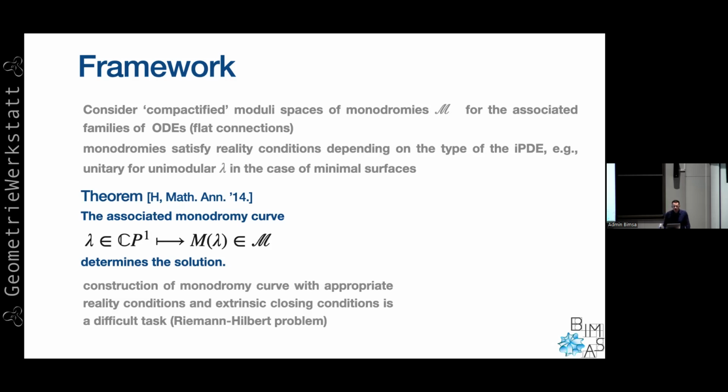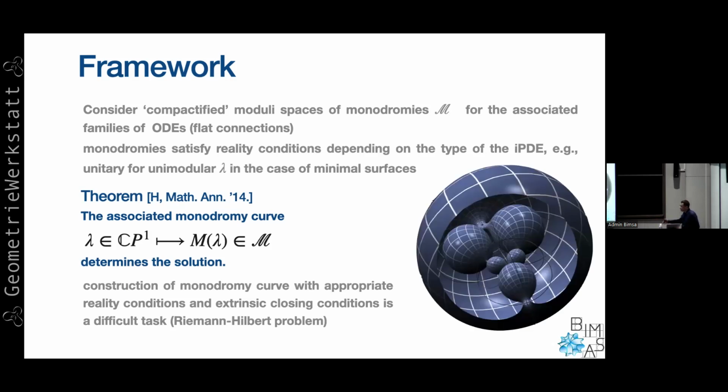So basically, the problem of understanding these minimal surfaces or other related integrable PDEs reduces to understanding these kinds of complex curves in that moduli space. But of course, this is a difficult task because these monodromies can only be computed in very special cases. We have this Riemann-Hilbert type problem, which is quite complicated. But the idea is, the more complicated the monodromy curve in that complex manifold is, the more complicated your solution gets.